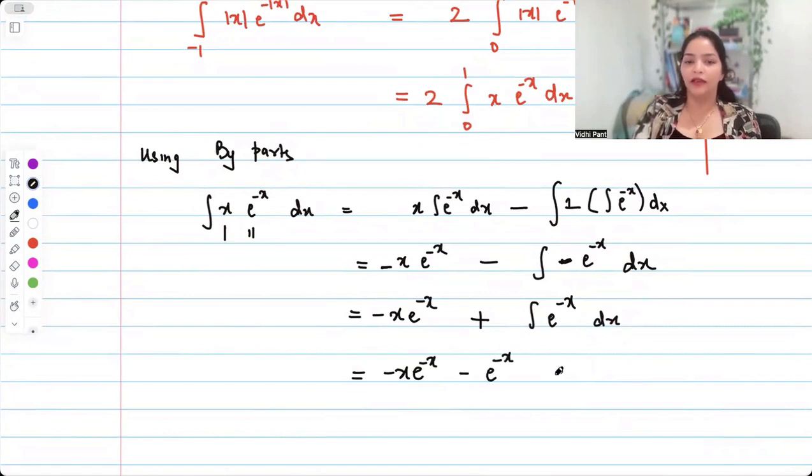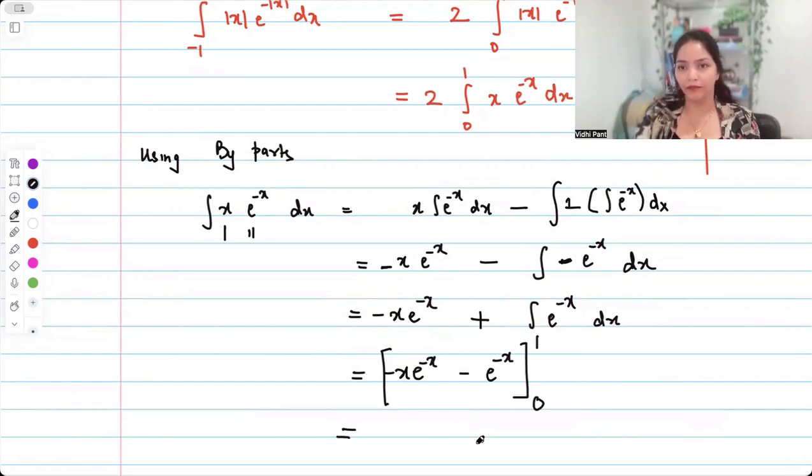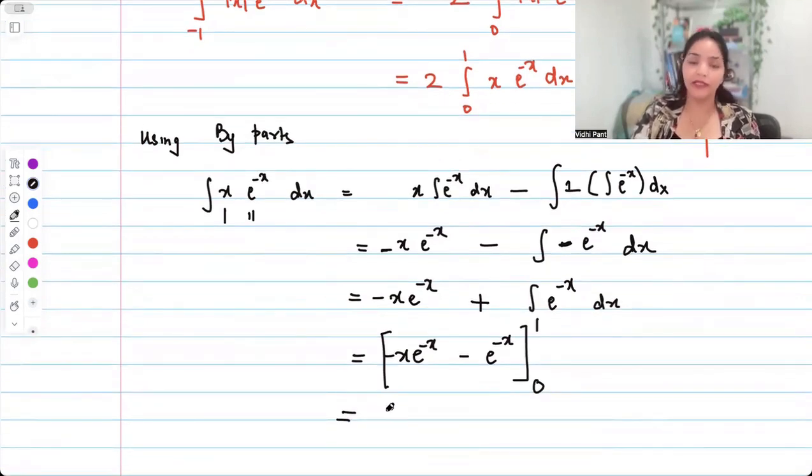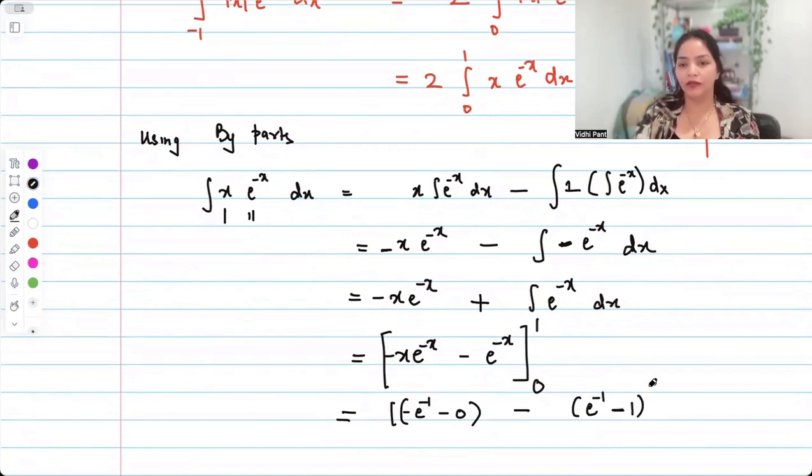So this gives you minus x e to the power minus x minus e to the power minus x. And of course, since it's a bounded case, it's a case of definite integral. So 0 to 1, now you can put the boundary points and you will get minus e to the power minus 1 minus 0 minus e to the power minus 1 minus 1.